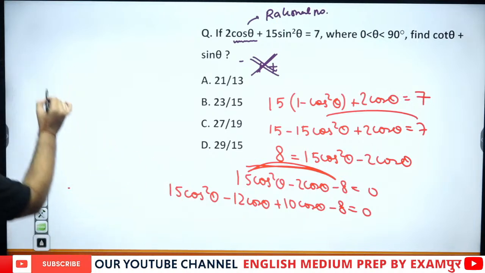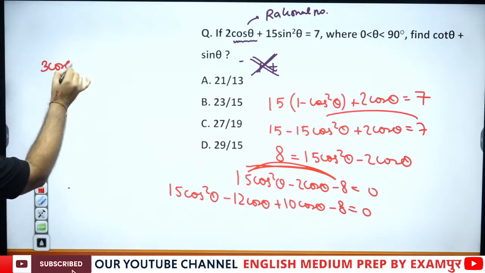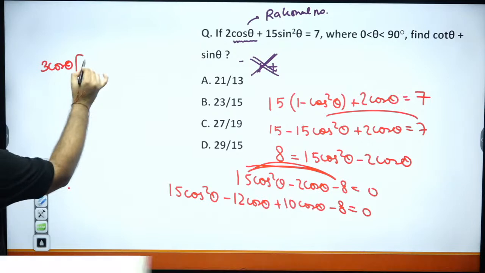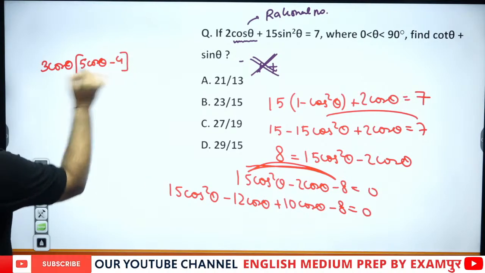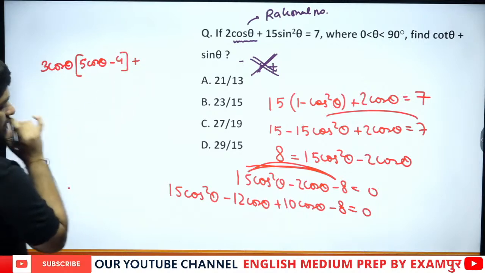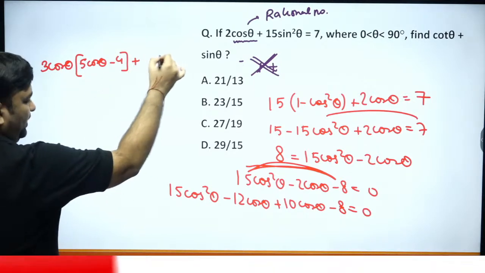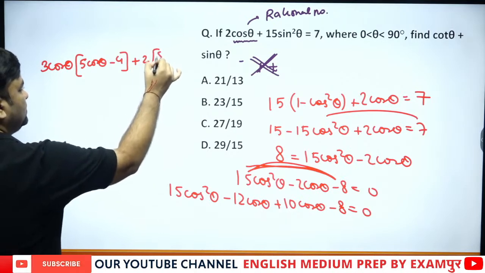Take 3 cos theta common from here, it will become 5 cos theta minus 4. Take 2 common from here, so it will become 5 cos theta minus 4.